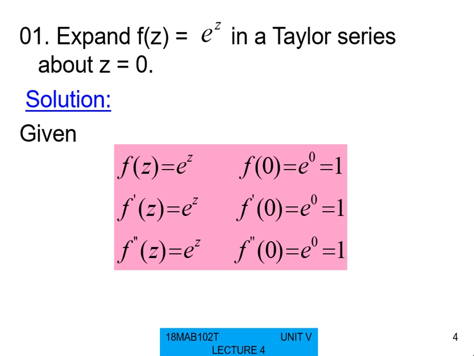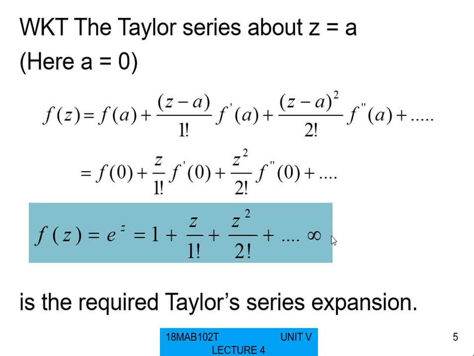Substitute z equal to 0 in f of z, f dash of z, f double dash of z. So e to the 0 is 1, e to the 0 is 1, e to the 0 is 1. Now what is the Taylor series expansion of f of z about the point a? This is the formula: f of z equal to f of a plus (z minus a) by 1 factorial f dash of a plus (z minus a) whole square by 2 factorial into f double dash of a.